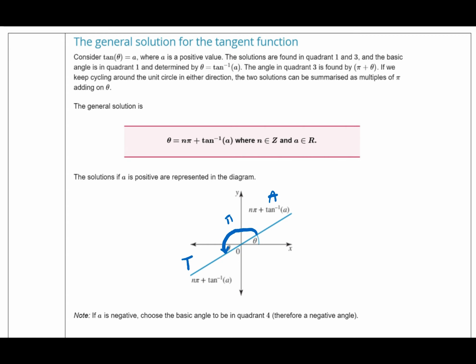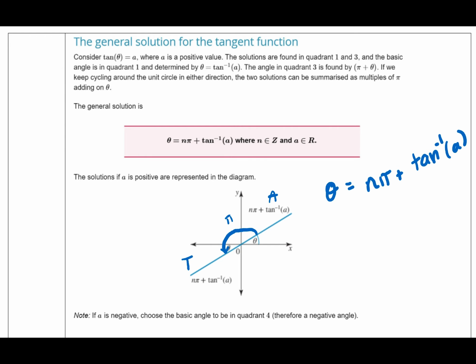And it's so true when we are looking at finding the solution, that we can say theta is equal to n pi rather than 2n pi. And it's just going to be n pi plus the arctan of A. Remember, we can find all those backward solutions simply by imagining n to be -1, -2, -3, etc.